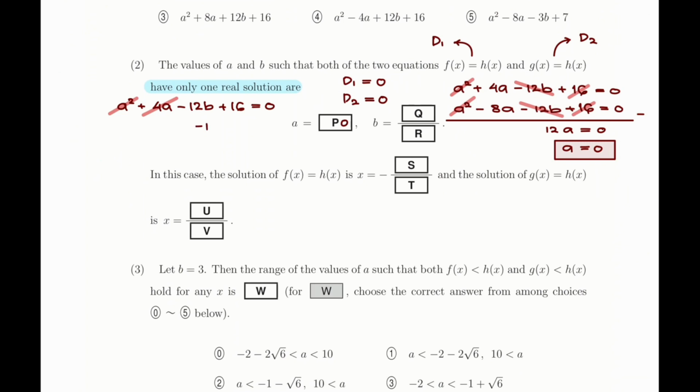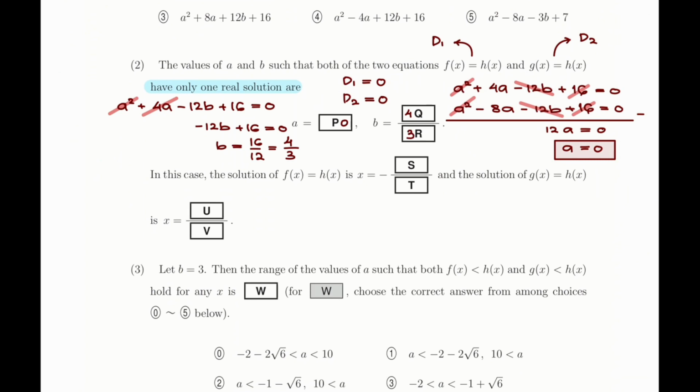That means negative 12b plus 16 is equal to 0, then b is equal to 16 over 12. We can simplify it by dividing the numerator and denominator by 4. 16 divided by 4 is 4, 12 divided by 4 is 3. So q is 4 and then r is 3.